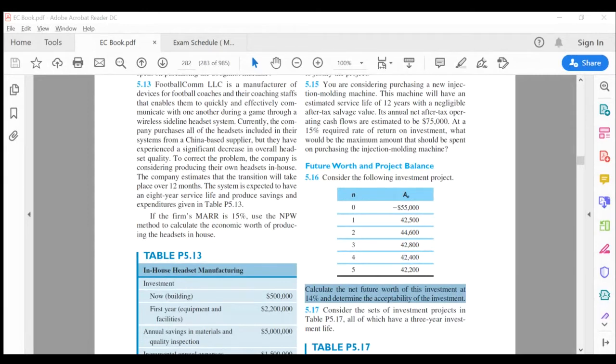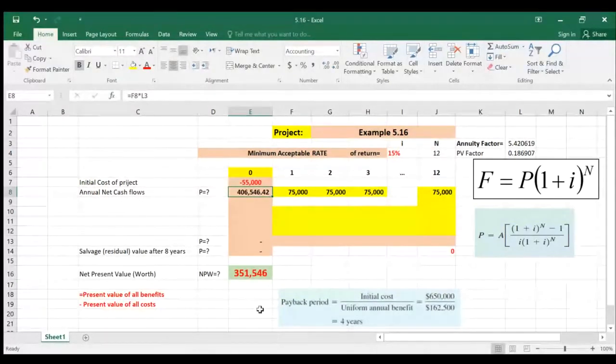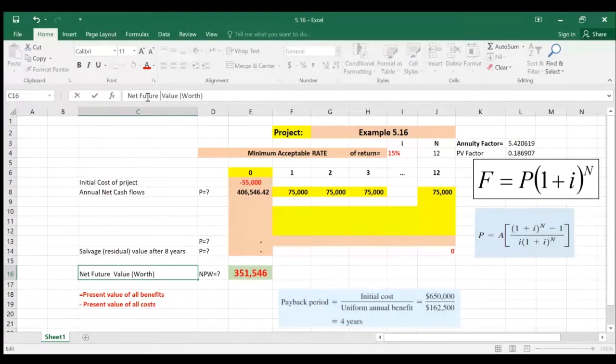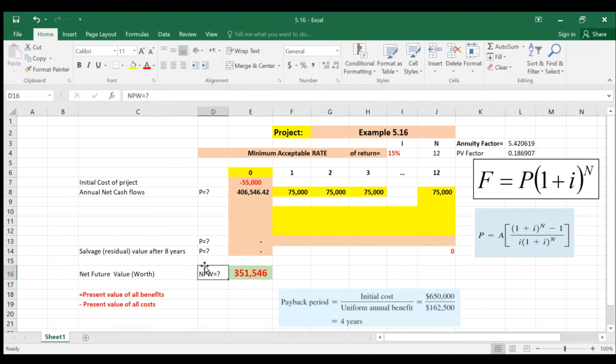If you look at this one, this is what we used to solve before. We used to solve net present worth here. So now what we will do in this question is calculate net future worth, the net future value of the project. This is what we are going to calculate. Meaning not here, you have to find net future worth. This is how you calculate a net future worth of the project.